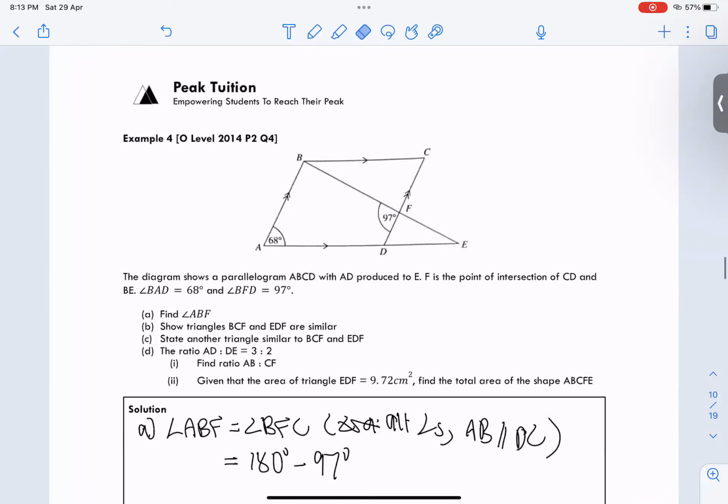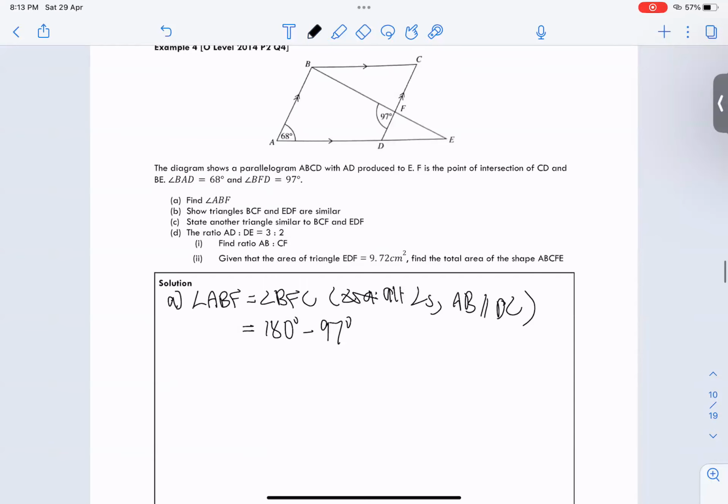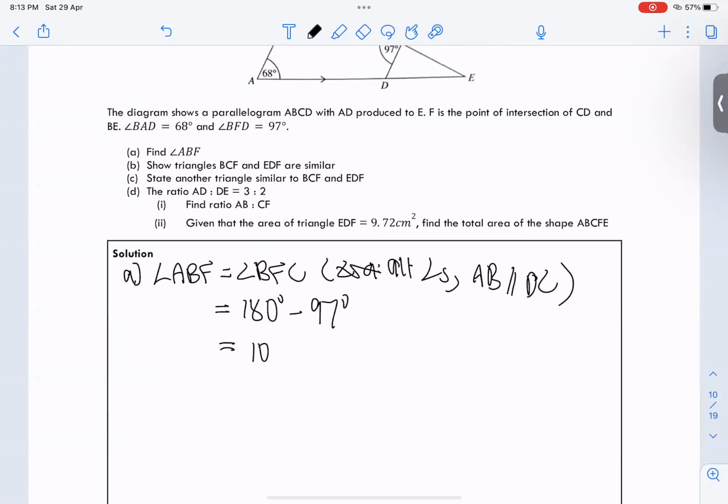Or the other way you can do it is interior angles, because there are two parallel lines. You can do 180 minus 27 straight away. And then you get 83 degrees.